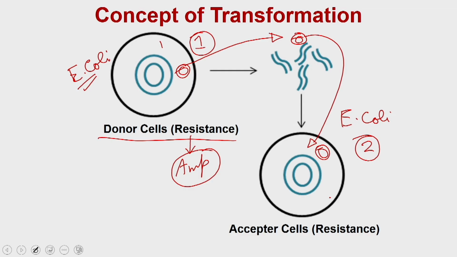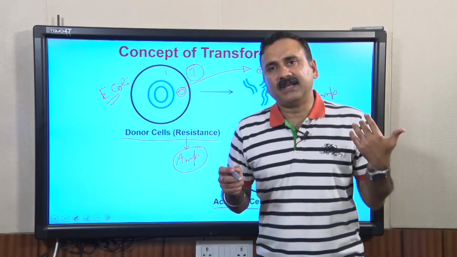Now, this bacterium which was sensitive in the beginning has accepted an ampicillin resistance plasmid, and now it has also acquired the resistance for ampicillin. This is just an example for resistance against antibiotics. It could be something else also.